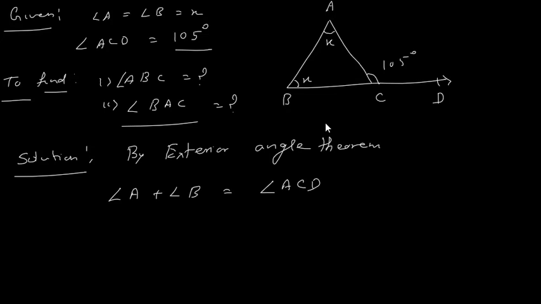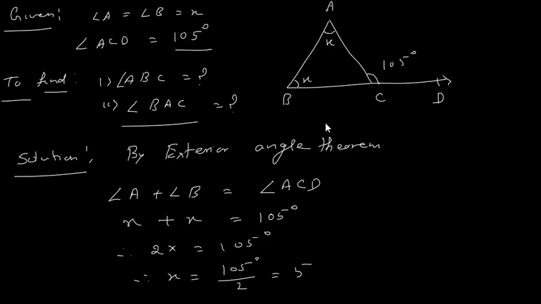So this angle A is x, this angle B is x, this is equal to 105 degree. So therefore 2x is 105 degree. Therefore the value of x is 105 degree divided by 2, which is 52.5 degree.